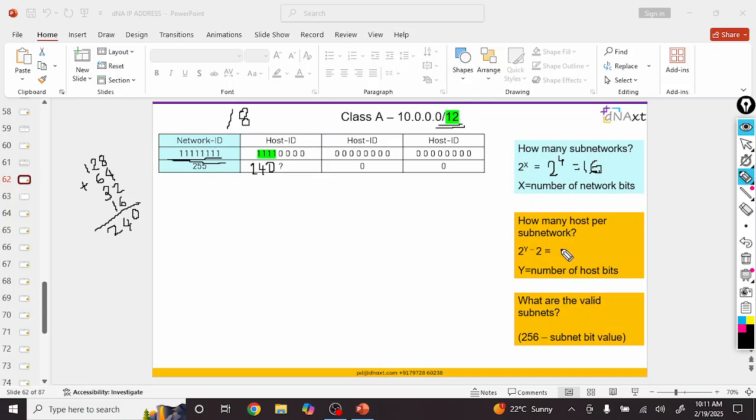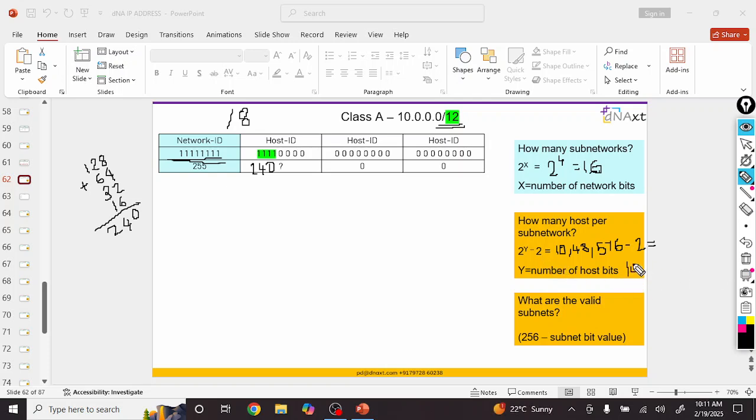So 2 to the power 20 minus 2, and 2 to the power 20 is 10 lakh 48,576. These many IP addresses you will get in each subnetwork, and the valid hosts you will get by subtracting the number 2, because one is the network ID, another is the broadcast ID in each subnetwork.